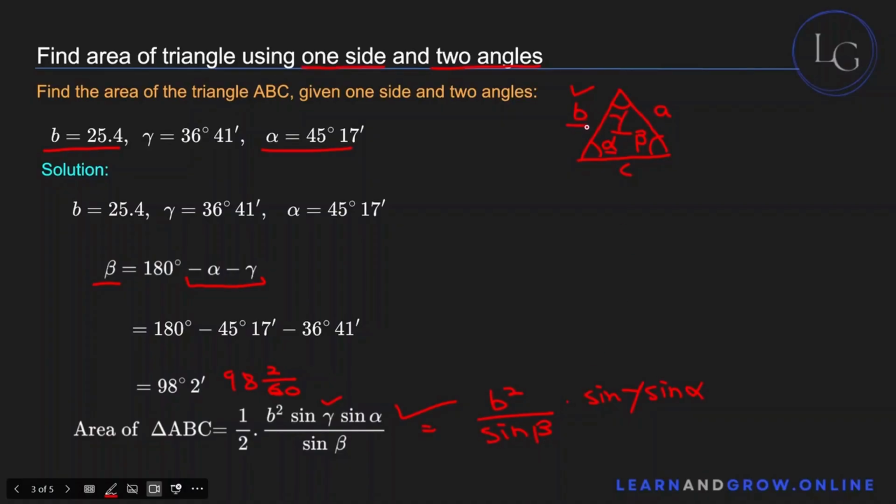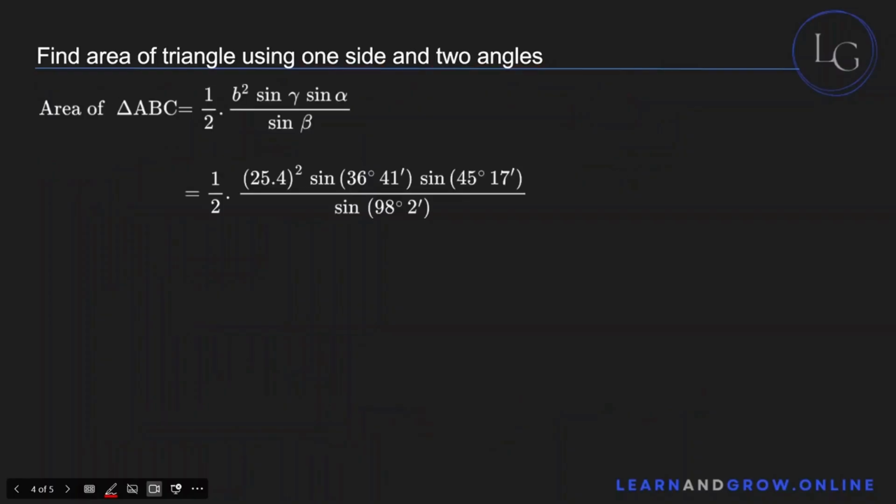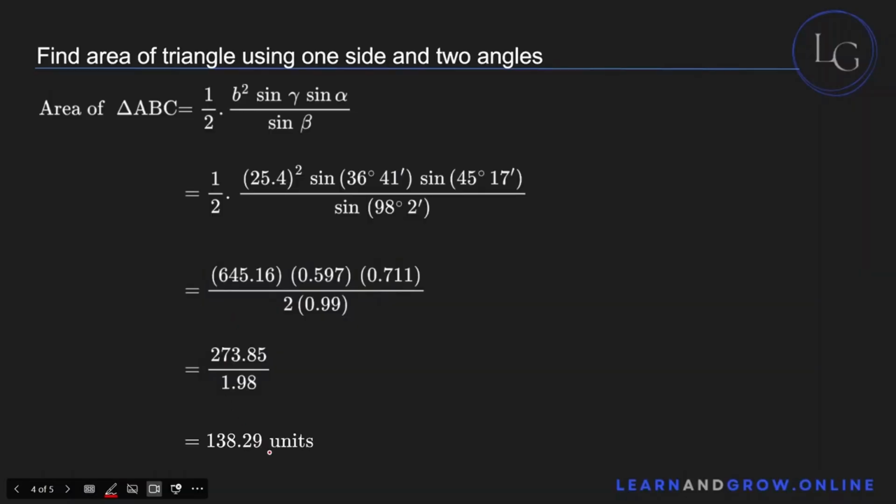So the opposite angle to this side b is beta. So b square over sine beta, we already found beta over here, into sine gamma, gamma is already given to us, into sine alpha, and alpha is also already given to us, right? So now just insert the values, and it turns out to be 138.29 square units, right? So that is the area of the triangle ABC when you have one side and two angles given to you.